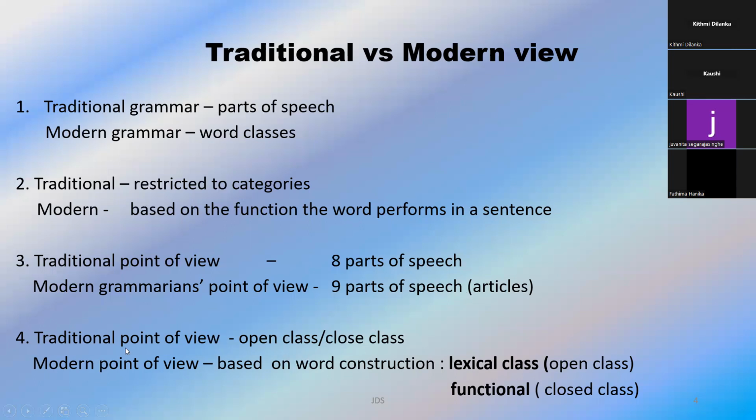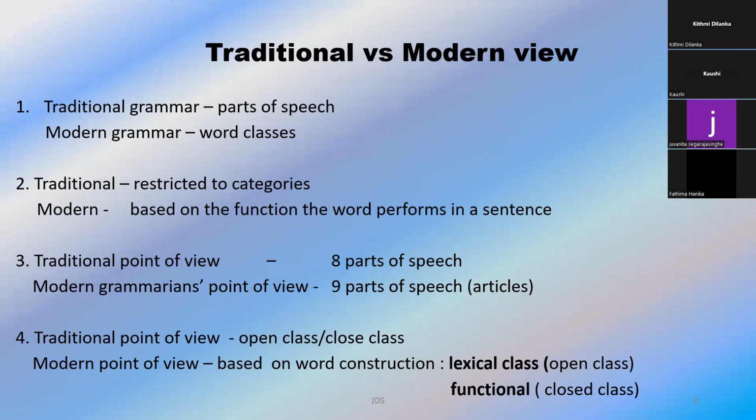Then you have, from the traditional point of view, how do they view open class and closed class words? All these 8 categories are categorized, in broad terms, under 2 main classes. What are those? One is the open class: any word class which embraces new words or allows new words to enter into it.